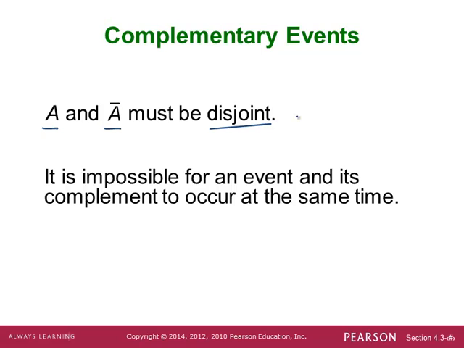You cannot possibly have a card that is both a spade and a non-spade. And sometimes, like we saw in the previous lecture, it's easier to calculate the probability of the complement of an event compared to the straightforward calculation of the probability of an event.